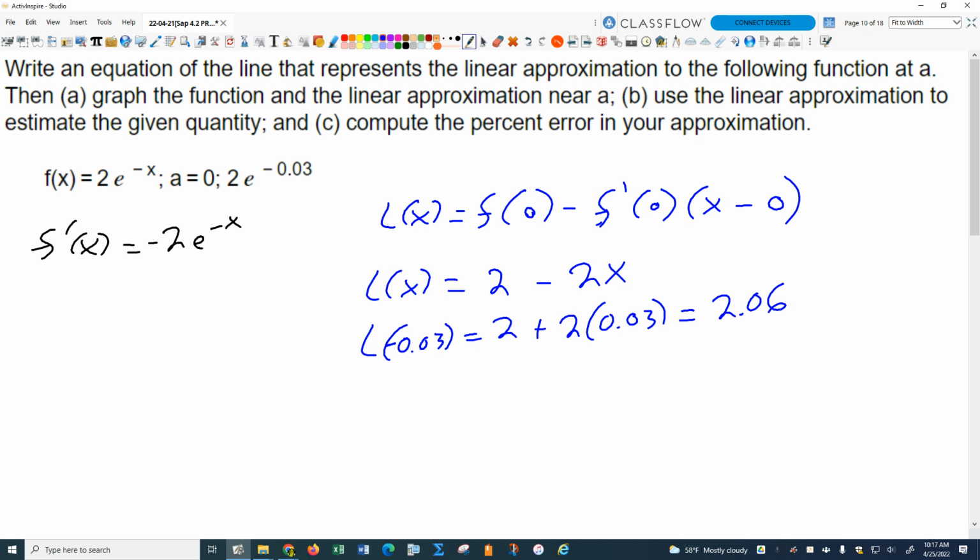Wait, if you're putting a negative in, why didn't you put the negative on the right side of the equation? This line right here? No, like, it says to input 2e to the negative 0.03, right? Inputting that, negative 0.03.